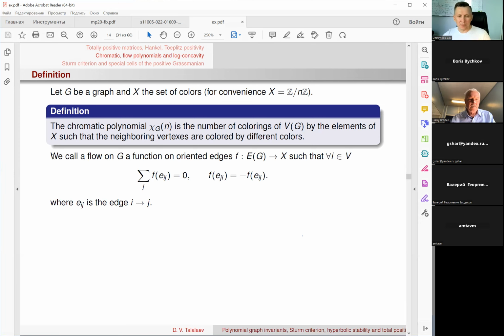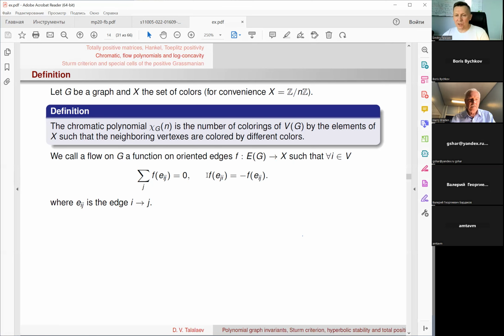Its very close analog is the flow polynomial, and it is defined as follows. We call a flow on a graph G a function on oriented edges of G with values in X, such that at each vertex there is a condition of zero circulation of this flow.